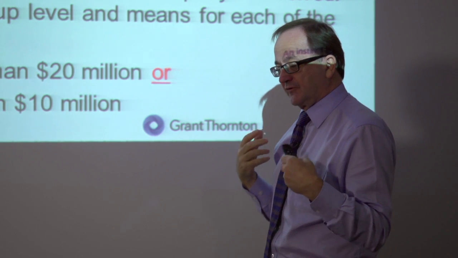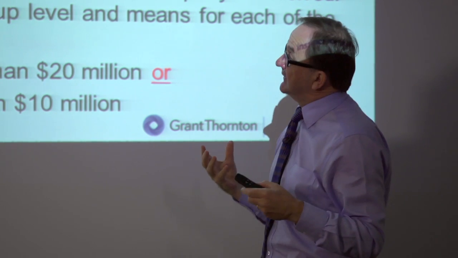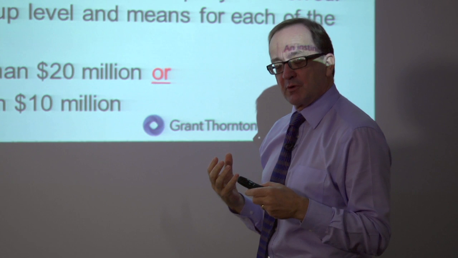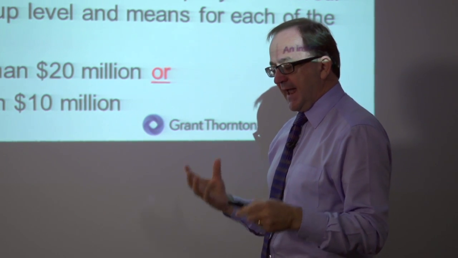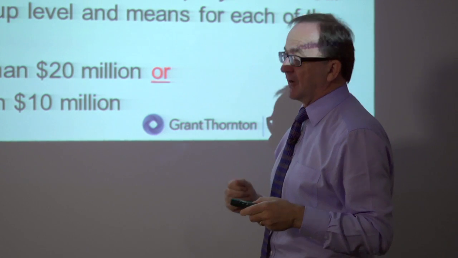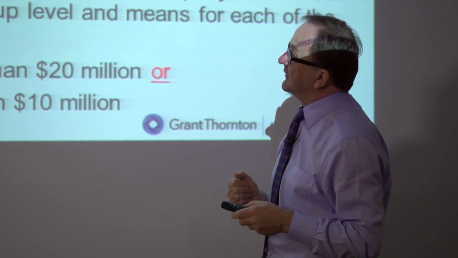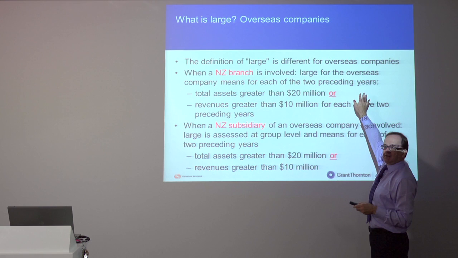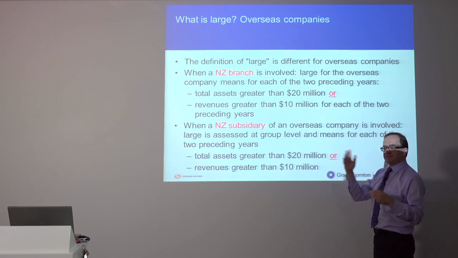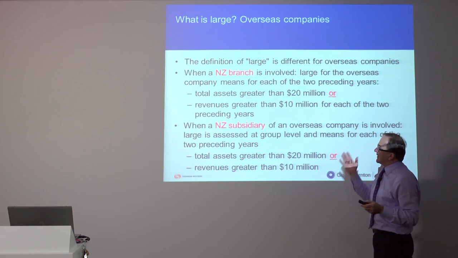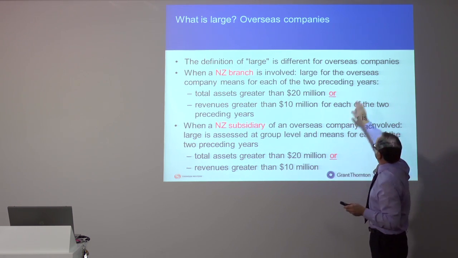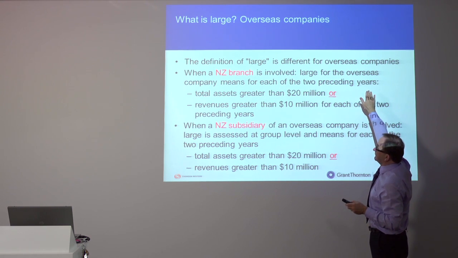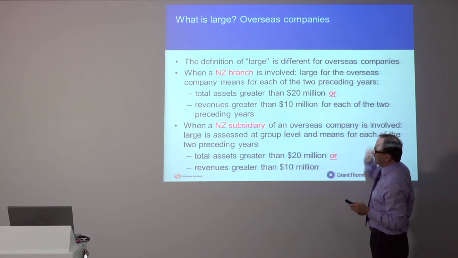So if we've got XYZ Australia and they've got a New Zealand branch, and XYZ Australia actually has assets of 30 million in each of the 2 years, then irrespective of the size of the New Zealand branch, even if it's only $1,000, New Zealand branch accounts have to be prepared and audited under the regime because the size criteria is triggered by the overseas company.